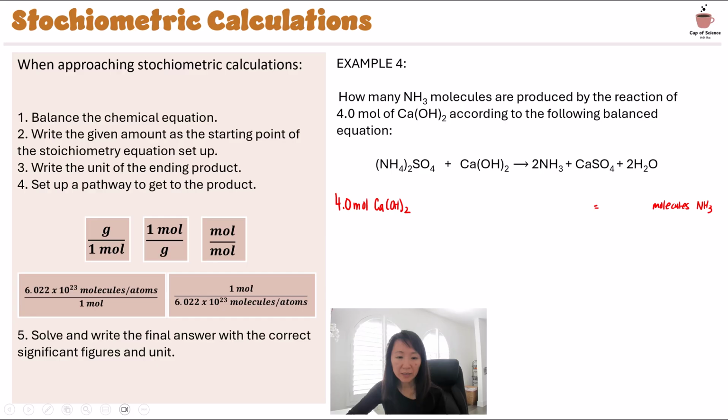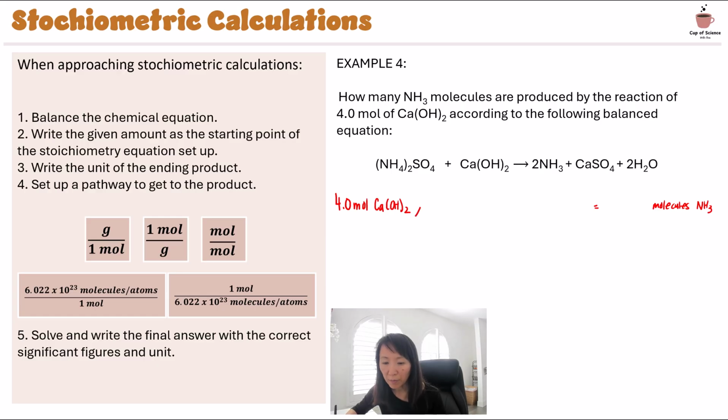Number 4, it says set up a pathway to get to the product. All right, so we have moles of calcium hydroxide now, but we need to somehow change that so that it deals with ammonia, the NH3, instead of calcium hydroxide. The only way to switch from one molecule to the next is to follow the mole to mole ratio.